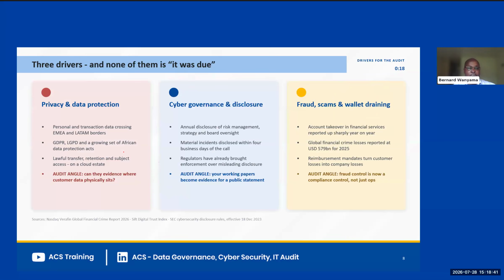So in this case, we are working with three key drivers for this organization. Remember, it's a fintech, it's a neobank or a digital bank. And so we are looking at three key things. One, privacy and data protection. And again, this is just my initial assumption that I'm putting in the case study.